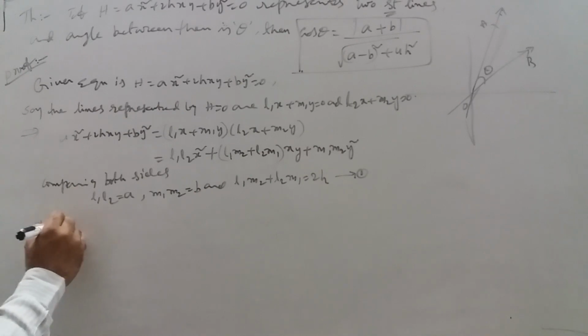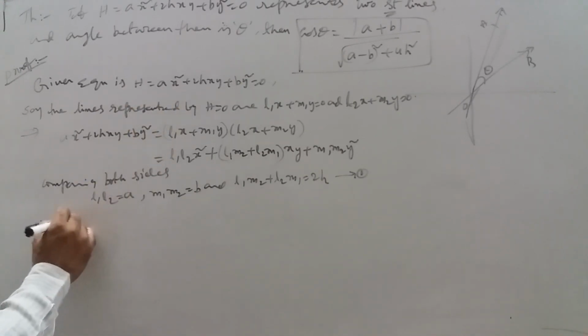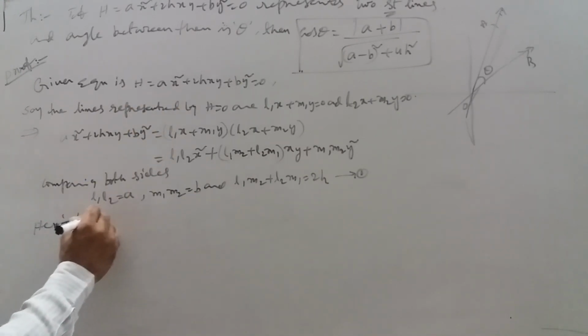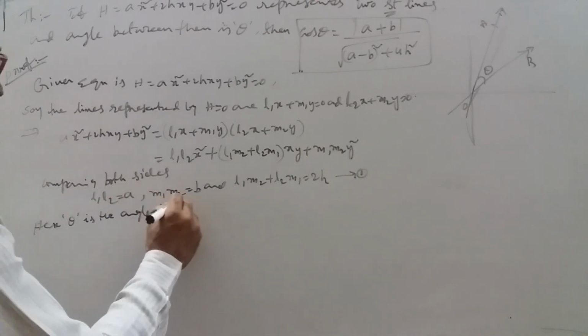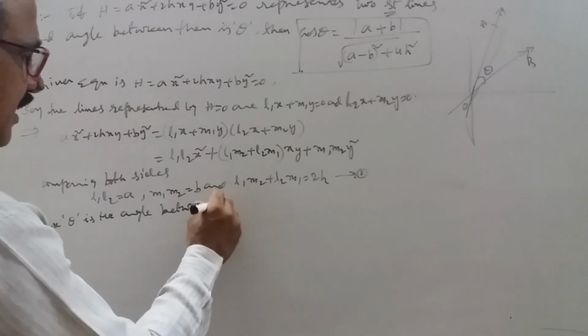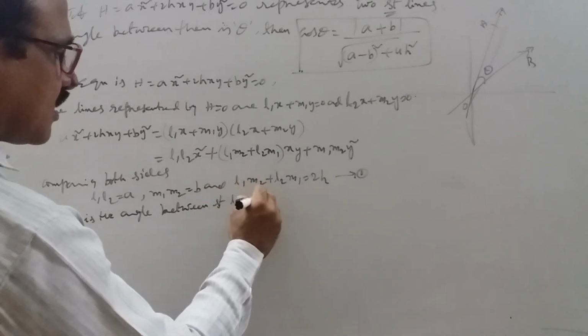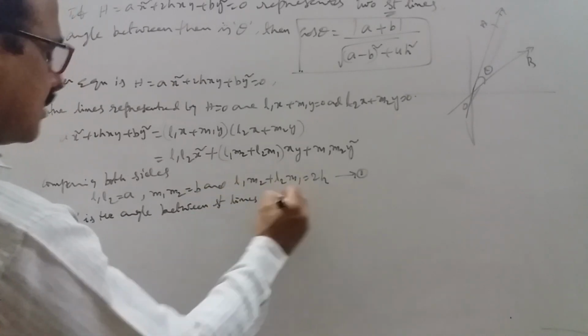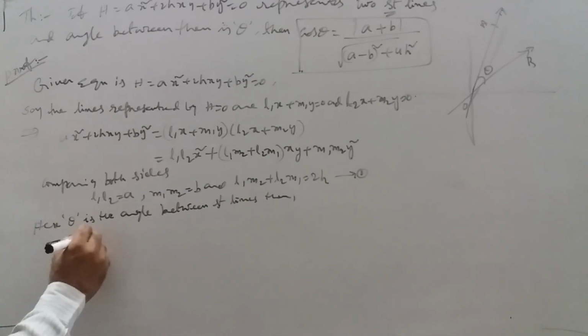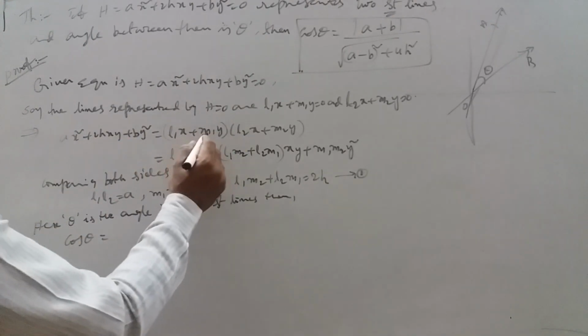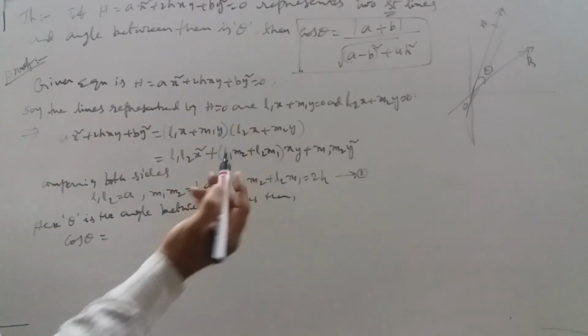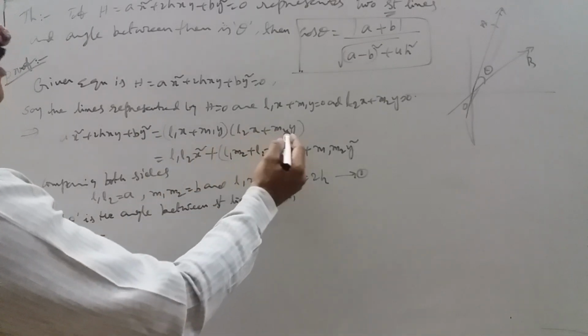here theta is the angle between the straight lines, then cos theta is equal to, take these two straight lines, a1x plus b1y plus c1 is equal to 0, c1 is not there, and a2x plus b2y.